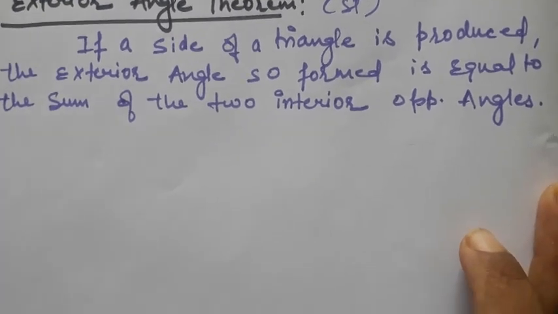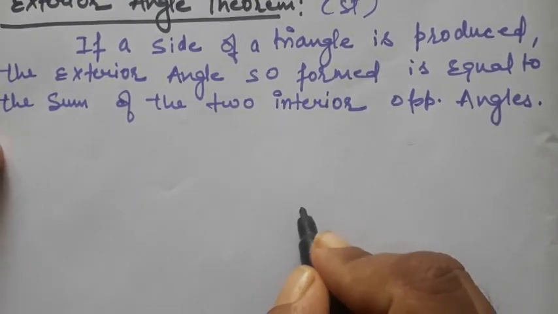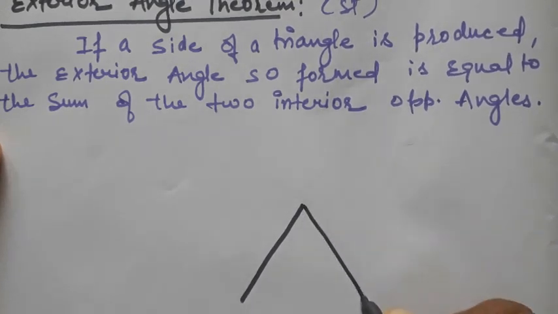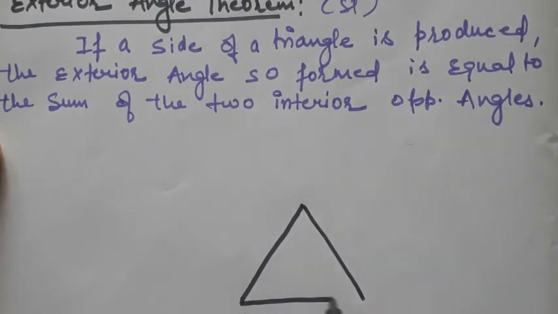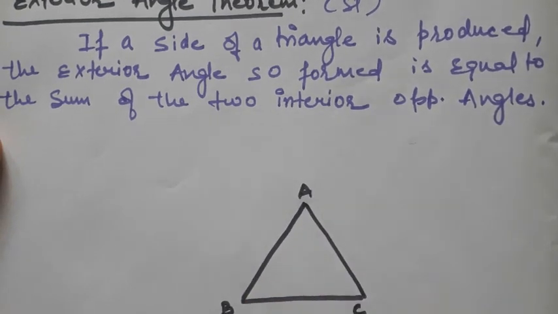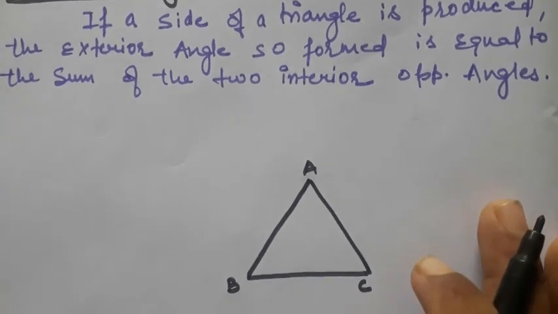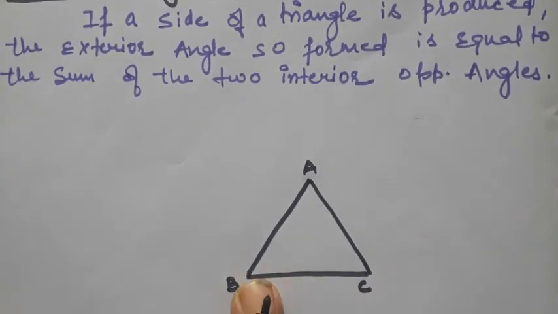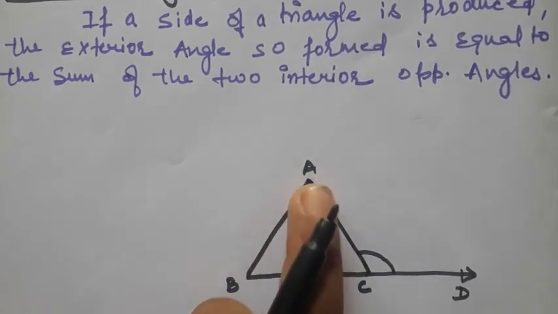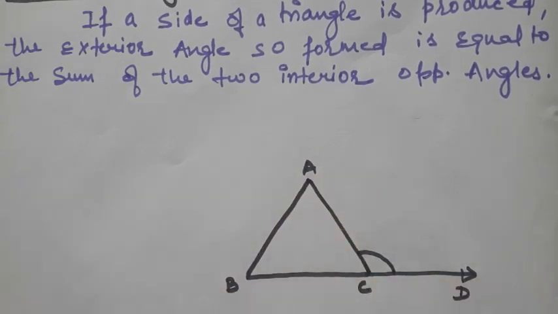It means they are saying that if a triangle, let it be ABC, has a side produced to some point, definitely one exterior angle will be formed. Let that exterior angle be ACD.